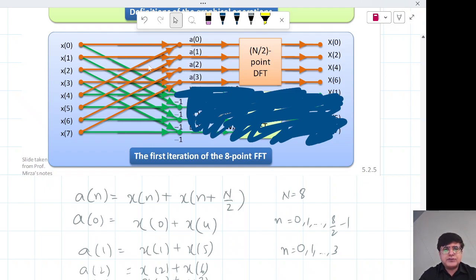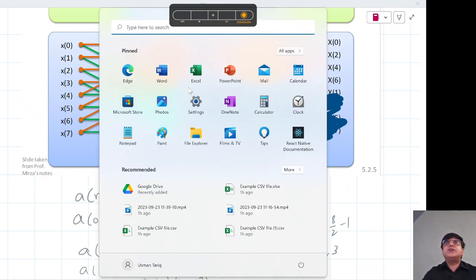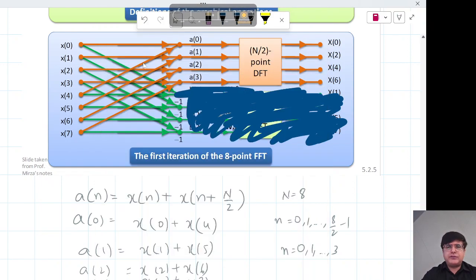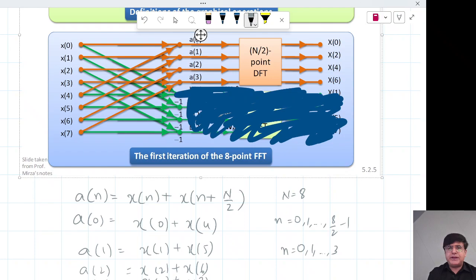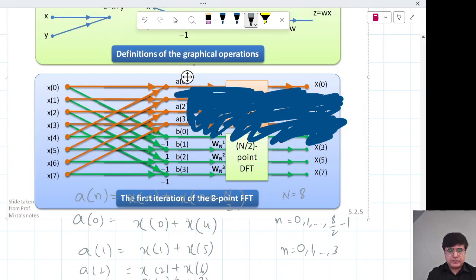So this is x of 2 and this is x of 6. A of 3 is just x of 3 plus x of 7. So this is x of 3 and this is x of 7. So this indeed is the sequence a of 0, a of 1, a of 2, and a of 3. This is indeed the sequence a of n. This is the complete sequence.